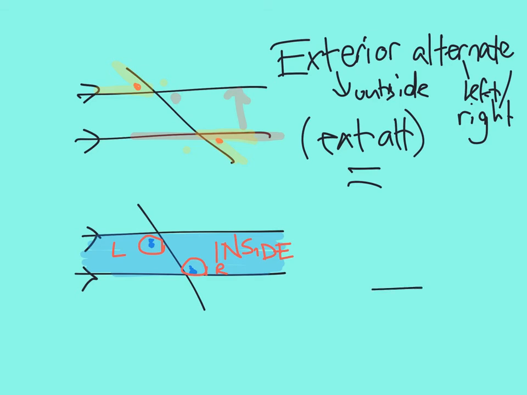And then if we want to look at ext alt, parallel lines again, even though they're messy, then what I'm looking at is an angle there and an angle there, and we're going to see that this is exterior.